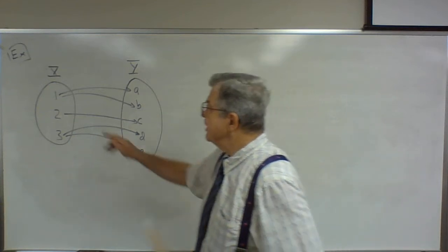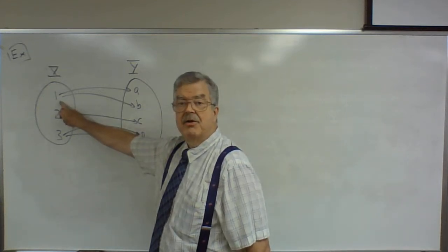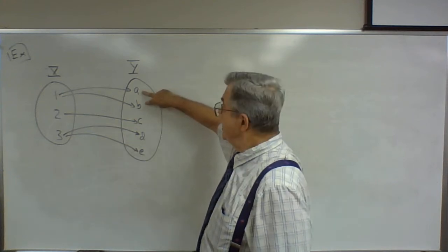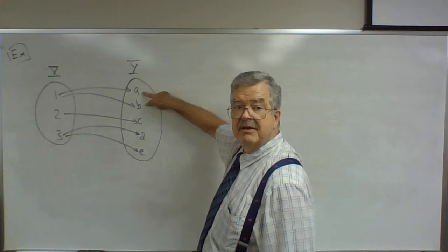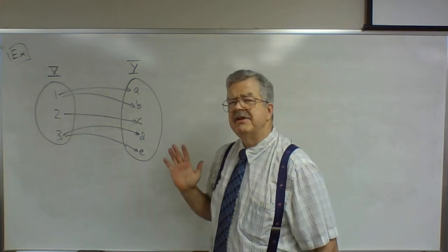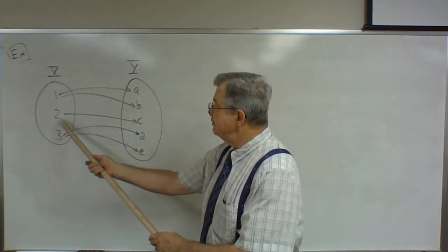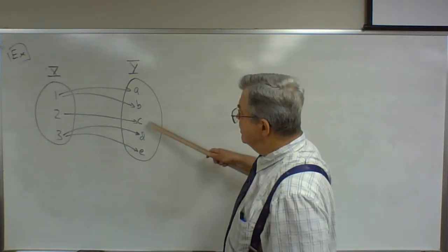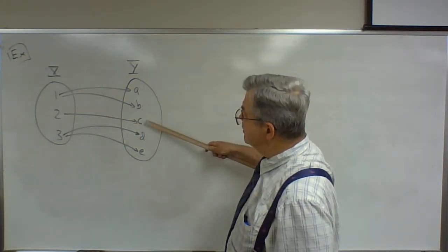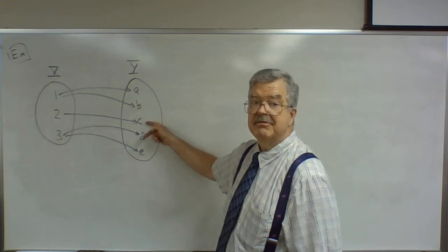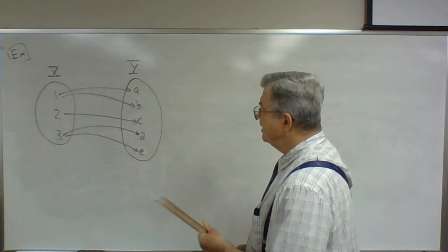So here, the element 1 in the domain is assigned two elements, A and B, from the range. For a relation, that's not a problem. The element 2 in the domain is assigned the element C in the range, at least one element in the range. No problem here.